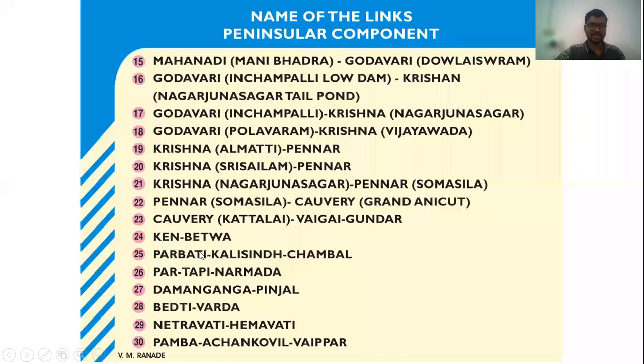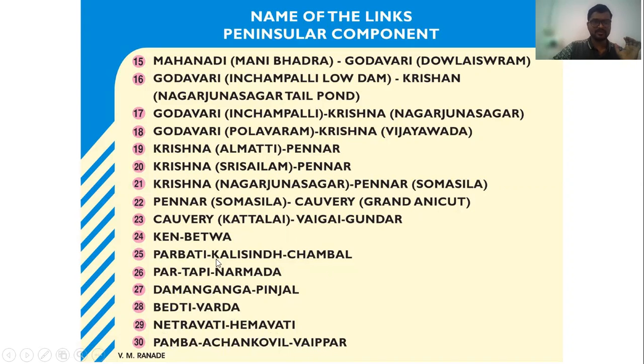Okay, then the Ken Betwa project, you might be aware, mostly heard word, that is Ken Betwa, then Parbati, Kalisindh, then Chambal, then Par, Tapi and Narmada, then Damanganga and Pinjal, Bedti and Varda, then Netravati and Hemavati, then Pamba, Achankovil and Vaippar.